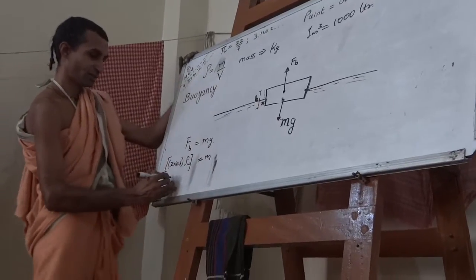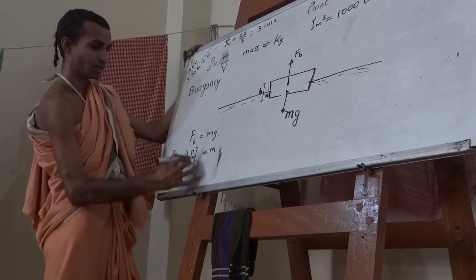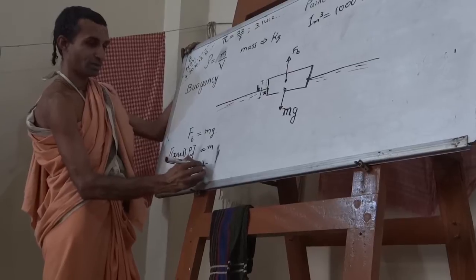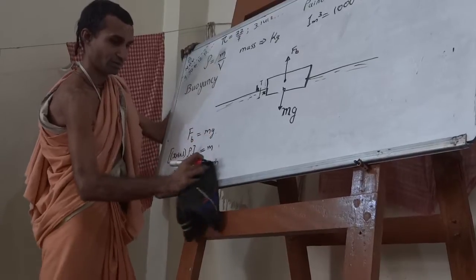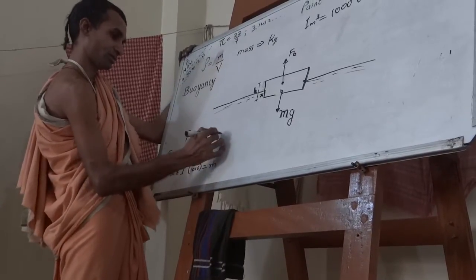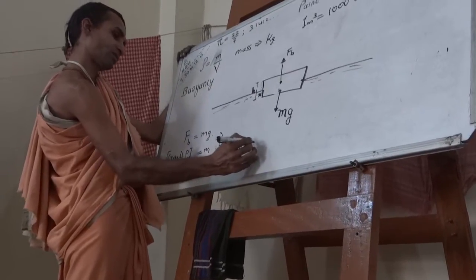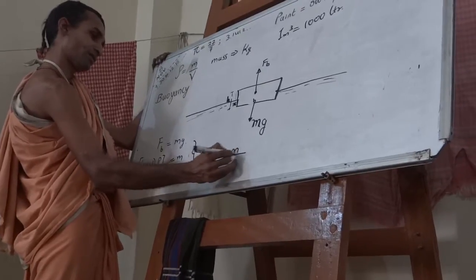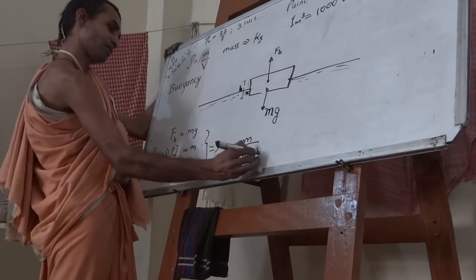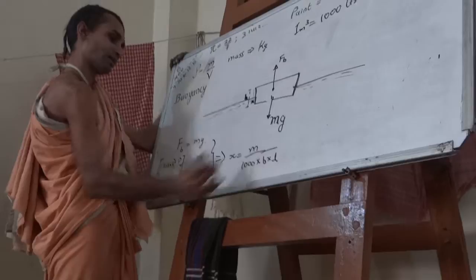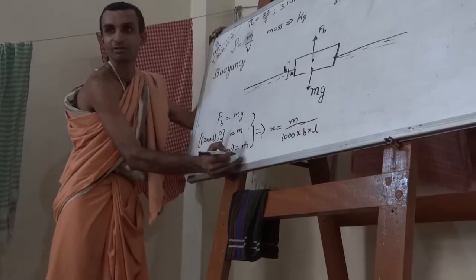So now you get it: x B L rho W, where rho W is 1000, equals the mass of the boat, which will give you x equal to the mass of the boat divided by 1000 multiplied by B multiplied by L. All of this came on this side, so it is below.